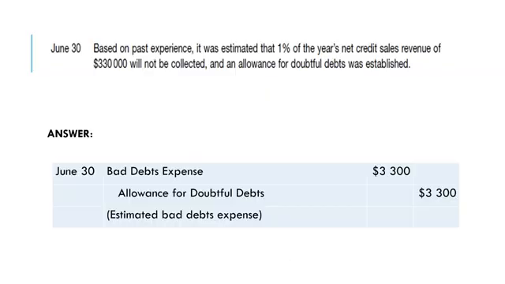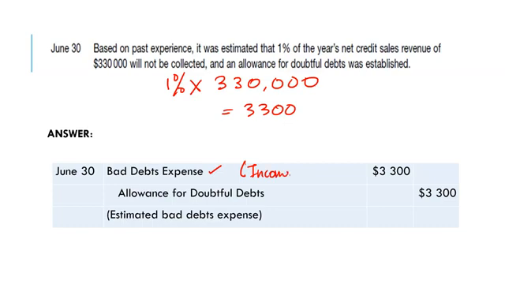How to calculate allowance for doubtful debt as of 30th June? The amount will be 1% multiplied by 330,000. So we are using the allowance method. The journal entry should be: debit bad debt expense, which is your income statement item, by 3300, and credit allowance for doubtful debt.